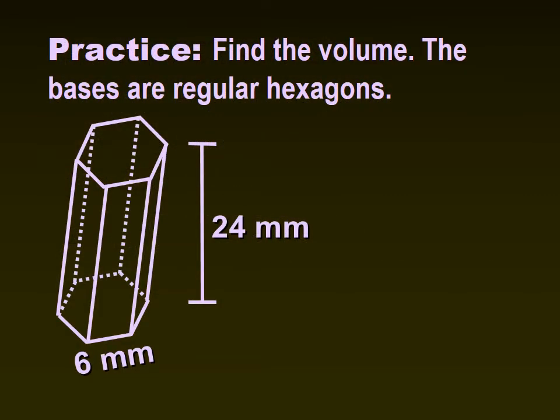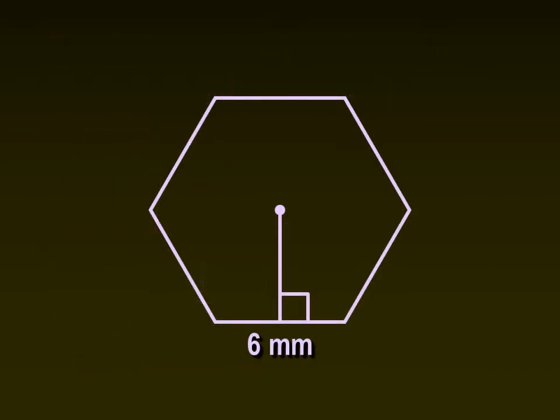Okay. So now let's look at this guy. We want to find the volume. Okay, so first we have to look at the base. We know that this is 6, which means that those sides are also 6 because it forms an equilateral triangle. Now this means that this is 3 and this is 3. I'm going to use the Pythagorean theorem and find the apothem, right?